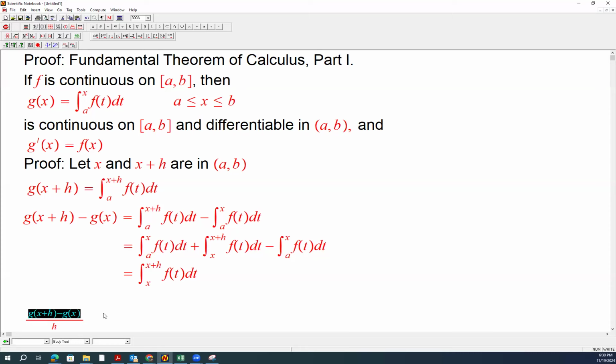Of course, we assume h approaching 0, and what is more, we assume h cannot be 0.